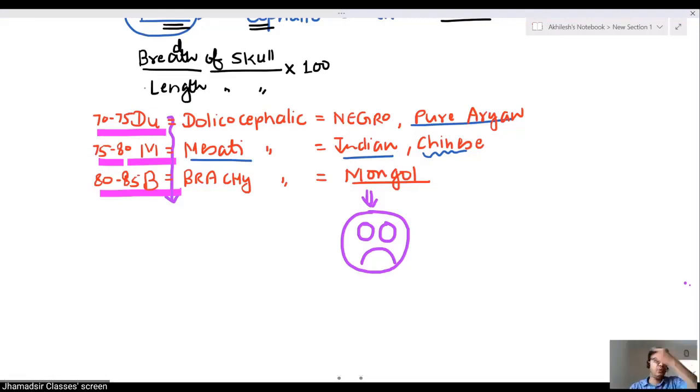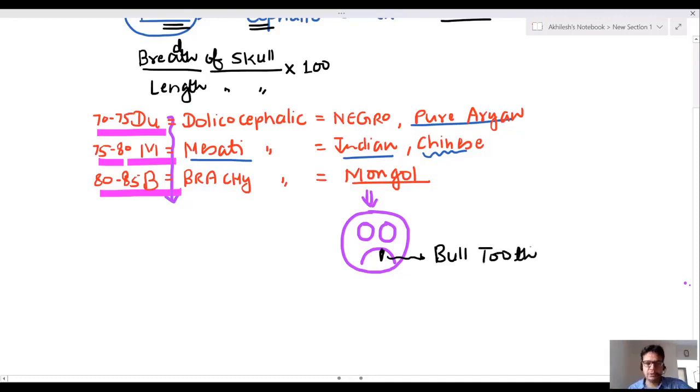If you see very carefully, face is round, orbits are round, that is Mongol. In Mongol, we have bull tooth, as well as shovel shaped incisor, as well as enamel pearls.